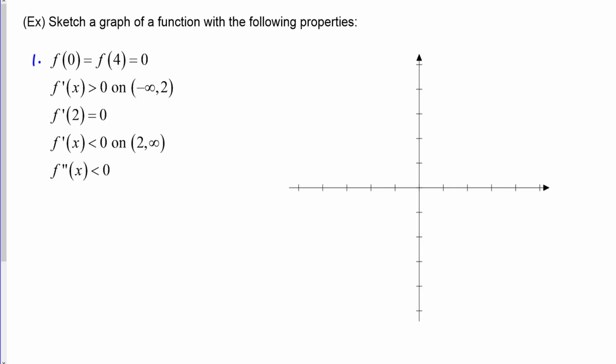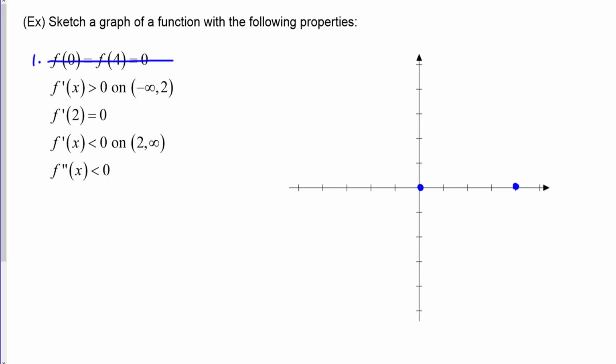What that's telling me is the y value of my function evaluated at 0 and the y value of my function evaluated at x equals 4 is 0. So these are points that lie on the x-axis. So we're done with that particular statement. We don't have to do anything else with it.